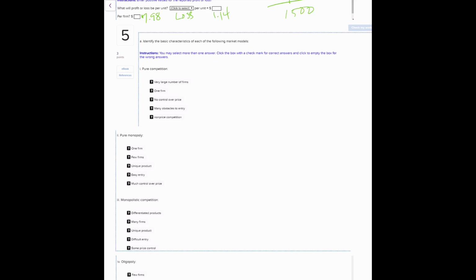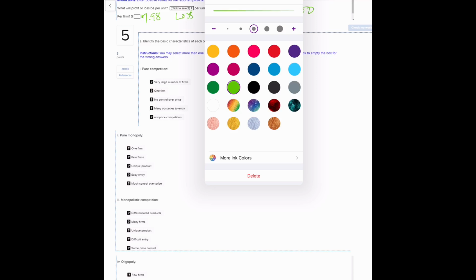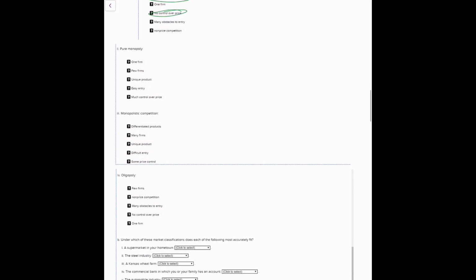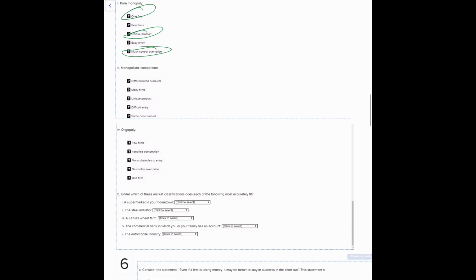In perfect competition, the things that are true are that we've got a very large number of firms with no control over price, and that's all that would be true of that. In pure monopoly, you've got one firm with a unique product and a great deal of control over price.